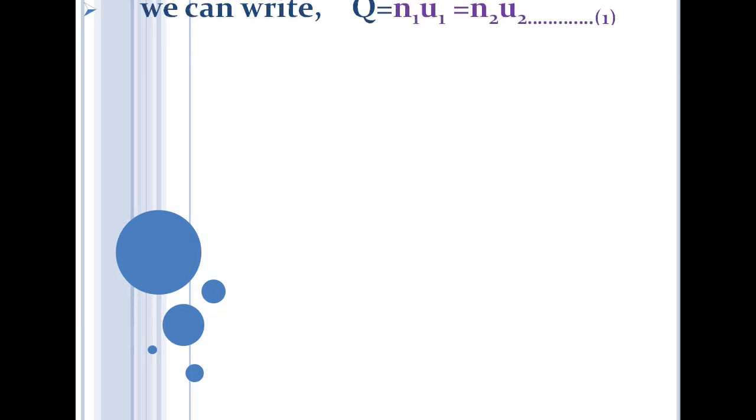Then in general, Q equals n1 u1 equals n2 u2, because the value in one system of units is the same as in the second system of units. That means simply 10 centimeter equals 0.1 meter, they are equal. So we can write Q equals n1 u1 equals n2 u2.